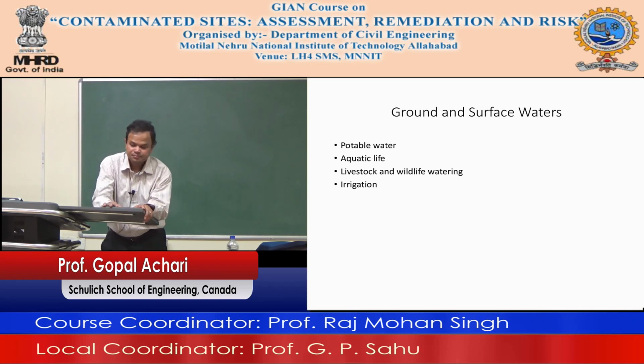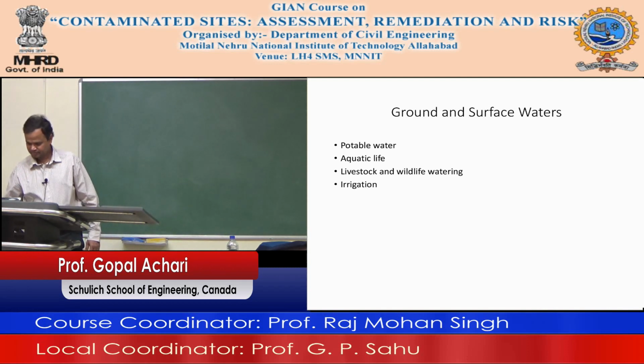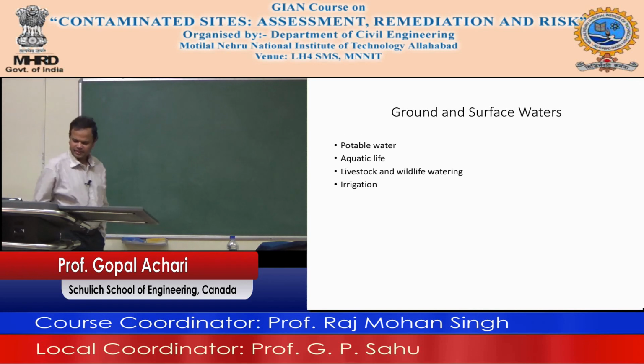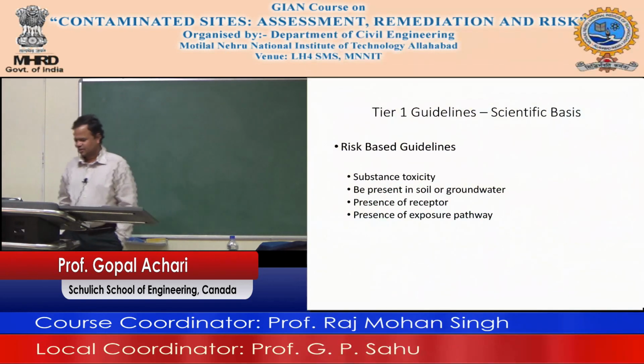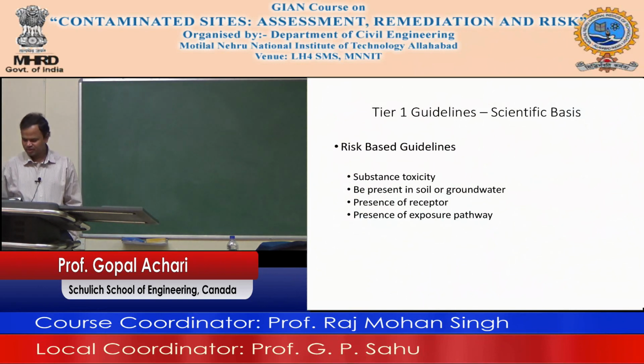Okay, the tier 1 guidelines are basically how the guidelines have been developed. These are risk-based guidelines. There is substance toxicity, which should be present in soil or groundwater, and there is the presence of a receptor.